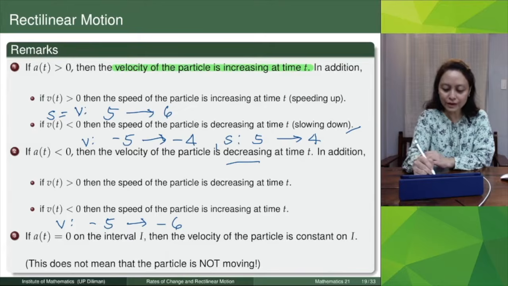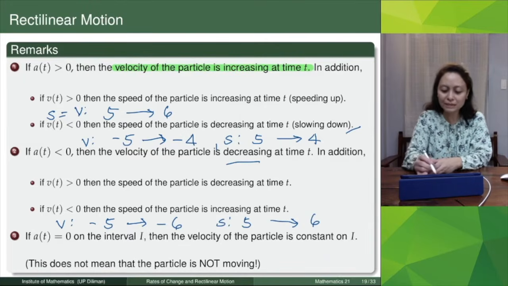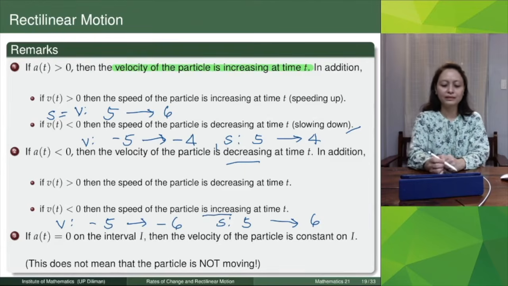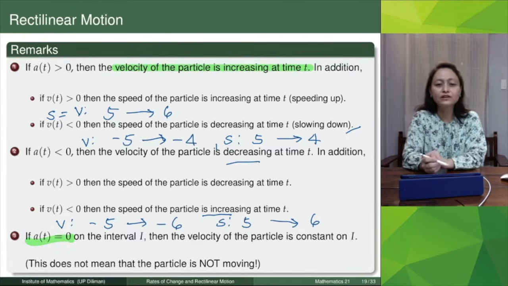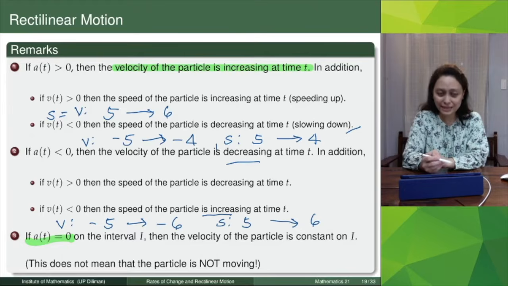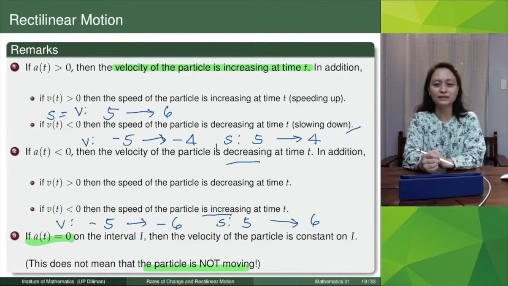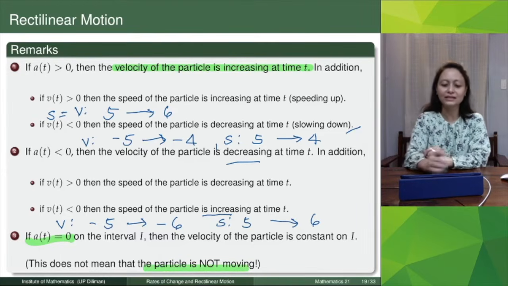The absolute value, or the speed, went from 5 to 6, so the speed increased. Last, if the acceleration is 0 on the interval I, then the velocity of the particle is constant. It doesn't mean that the particle is not moving. Constant lang yung velocity, kaya 0 yung acceleration.